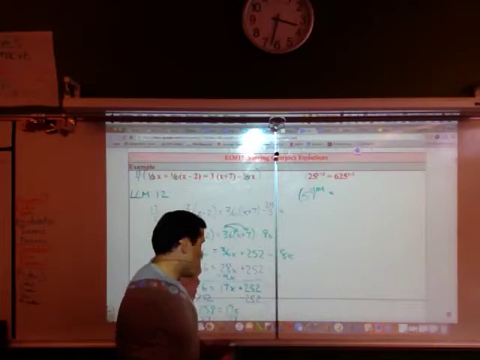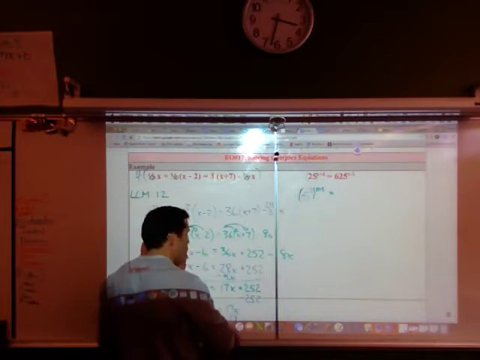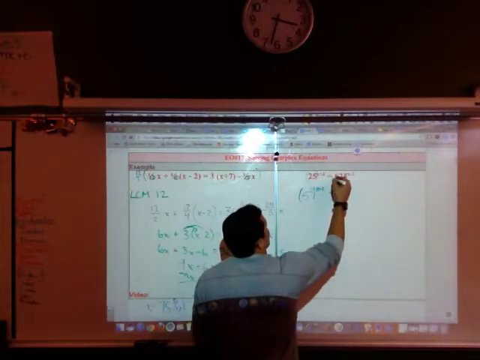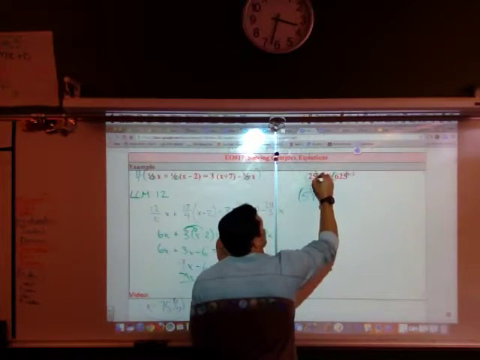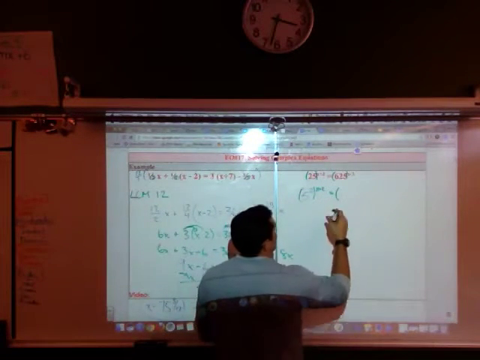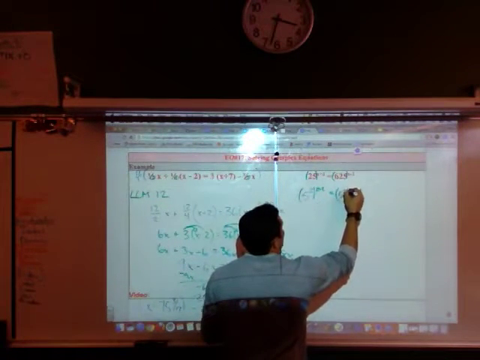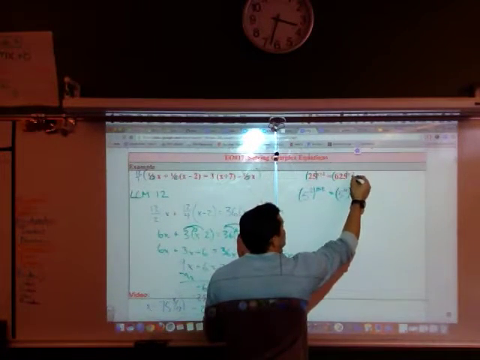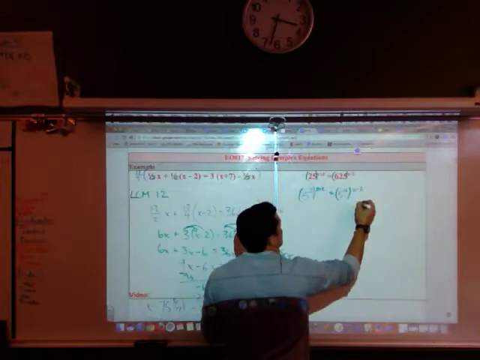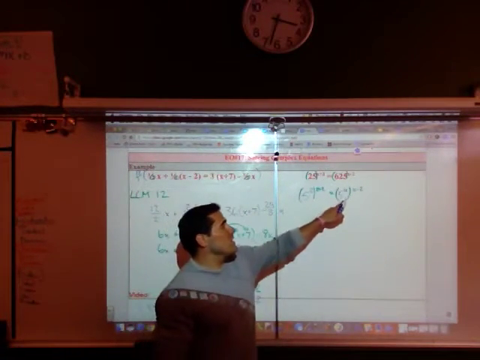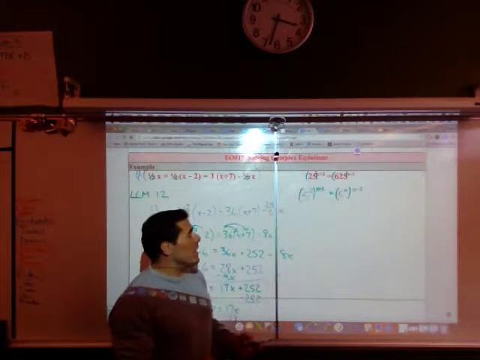It's 5 raised to the 4th. Little brain fart there. But this I'm going to rewrite as 5 to the 4th power, still going to be raised to the x minus 2. Okay? Now that I have them being the same exact base, that must mean that the exponents are exactly equal to each other.